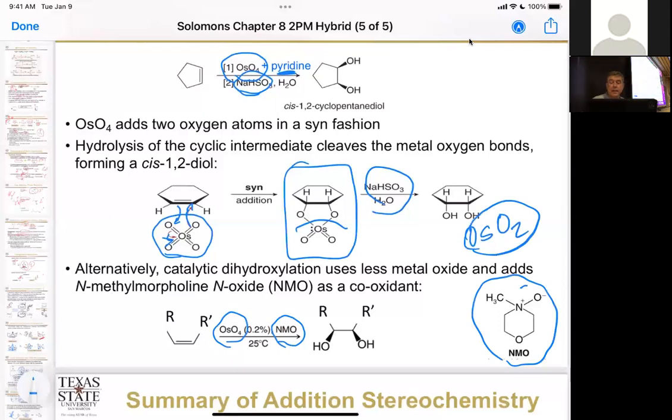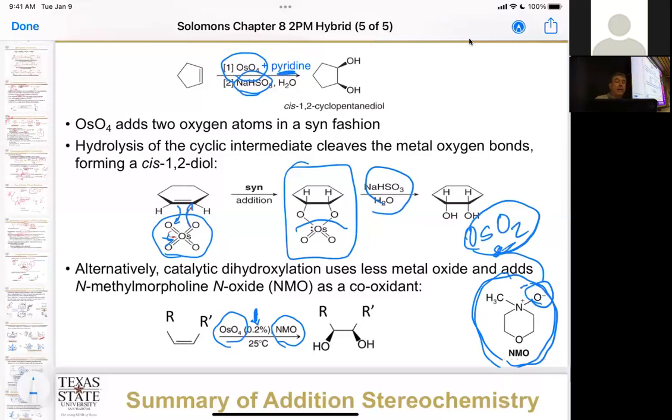The osmium dioxide is now going to react with this to take it down to osmium tetroxide again, and then it reacts again to give us our geminal diol, I'm sorry, our vicinal diol. And then it'll keep going around and around. So you only have to have a tiny bit of osmium, but this is the thing that reoxidizes the osmium dioxide to get it to go back into the reaction.